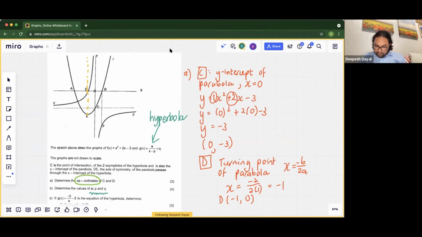And read the question carefully. It says that C is the point of intersection of the two asymptotes of the hyperbola. That will give you a lot of information. So what will A, P, and Q be? You can just let me know. That would be great.